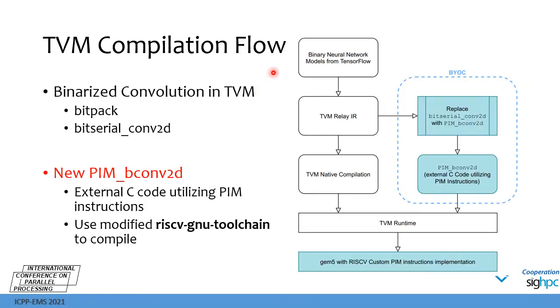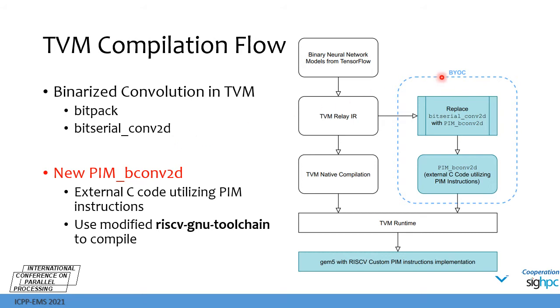Now we describe the TVM compilation flow. The BNN models are from TensorFlow, and when imported to TVM Relay IR, the binarized convolution is represented with 2 operators in TVM. One is the bitpack operator, and the other is the bit serial convolution 2D operator.